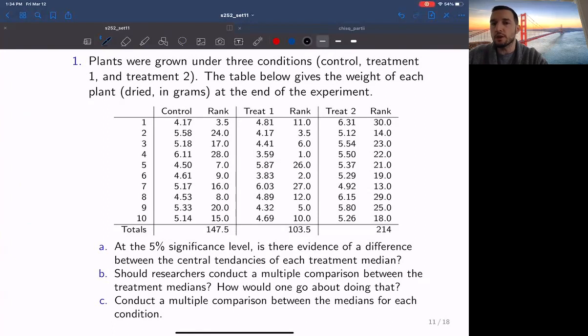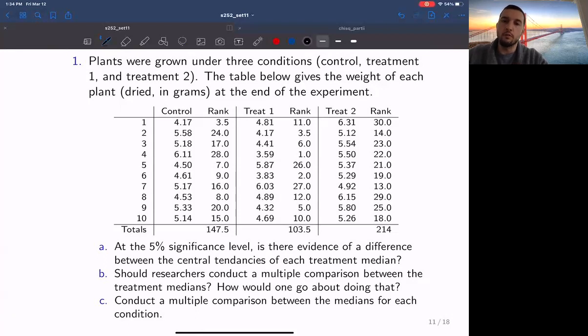The first question we're being asked here is the standard Kruskal-Wallis style question. So we want to do a general comparison of all 3 treatment means at once. So that would be a Kruskal-Wallis test. Part B says, should researchers conduct a multiple comparison between the treatment medians? And then how would they go about doing that?